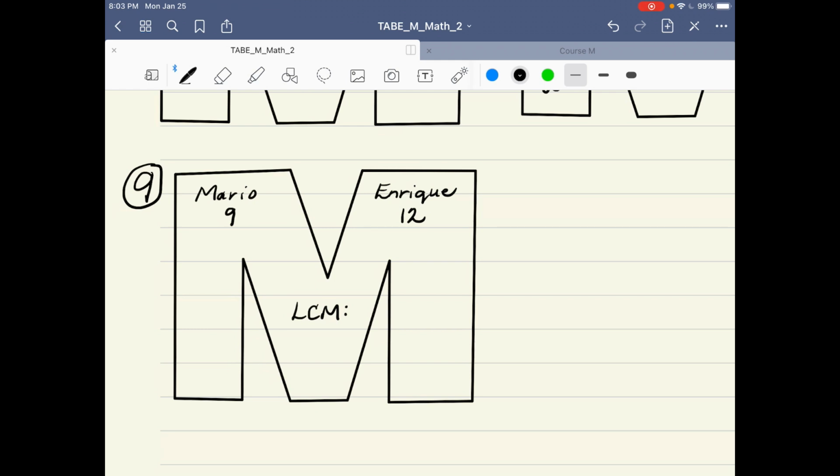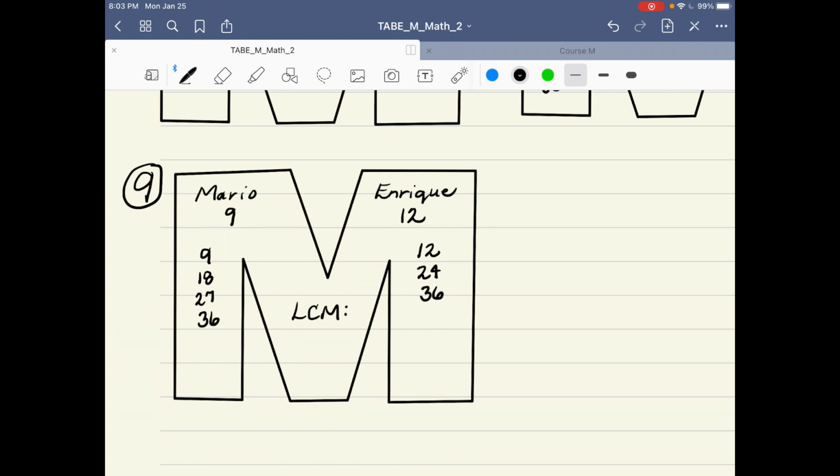So I'm going to start with Enrique. 12, 24, 36, 9, 18, 27, 36.